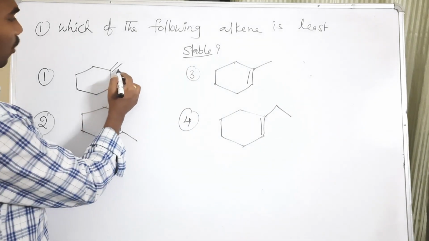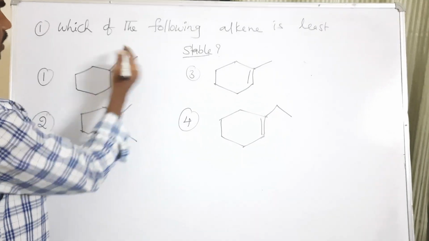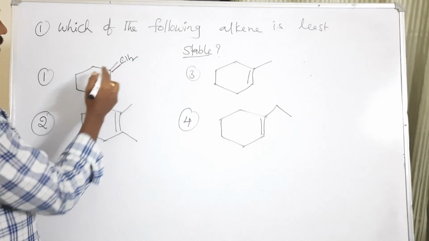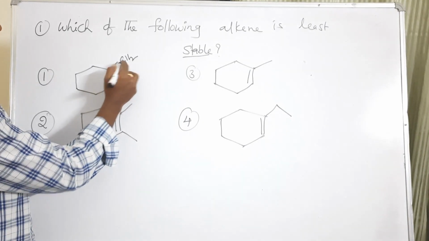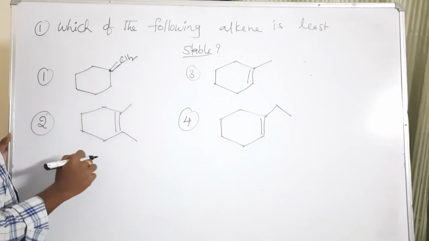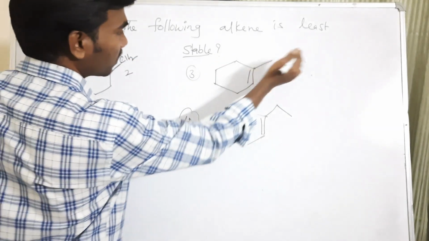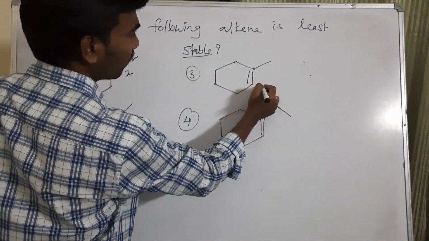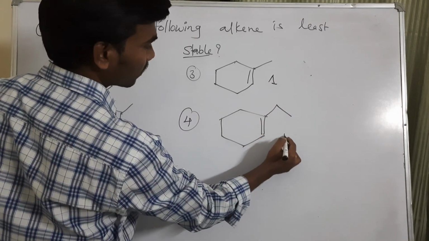First, check how many hydrogens are there. To check stability, the first rule is this: on the double bond containing carbons, check how many hydrogens are there. Here 2 hydrogens are there. Here there is no hydrogen, here only one hydrogen. Here also one hydrogen is there.